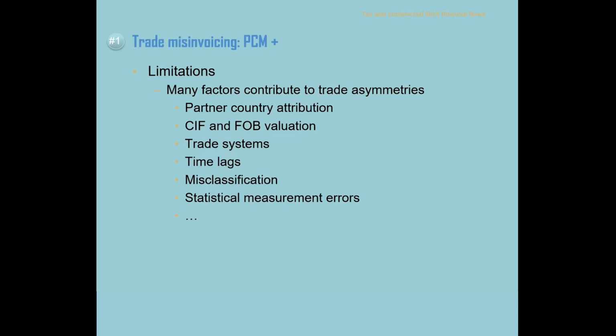The second very well known and also researched reason for asymmetries is the difference between CIF and FOB valuation. So the CIF, cost insurance freight, is usually how the import statistics are reported, whereas FOB, free on board, is usually how the export statistics are reported.